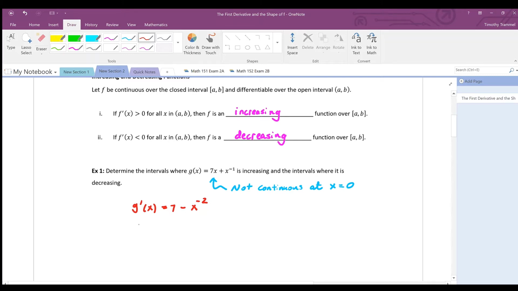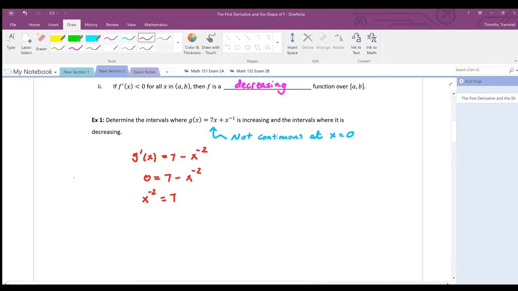So let's go ahead and do that. We'll just set this thing equal to 0. We could add this x to the minus 2 over. And then we could even multiply both sides of the equation by x squared. If we did that, we'd get 1 is equal to 7x squared.